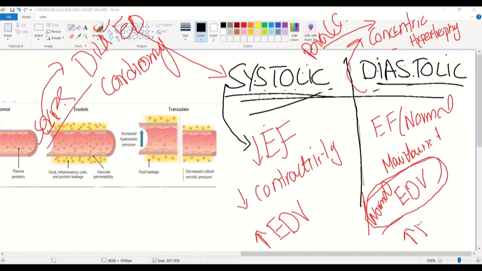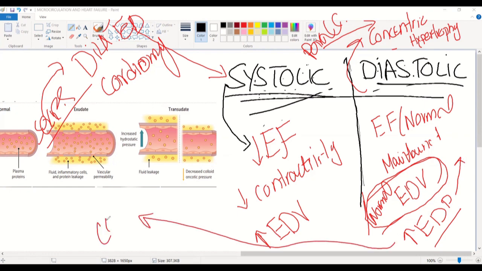End diastolic pressure is increased. If end diastolic pressure is increased, what will be the effect on compliance? Will it increase, decrease, or remain unchanged? Decrease.